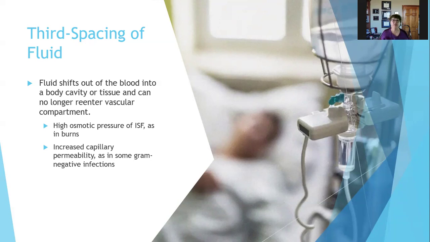If you have something with high osmotic pressure in the interstitial fluid, like in burns, and the reason you have high osmotic pressure in burns is because you get tissue damage, and so you have excess proteins in the interstitial fluid. And the damaged tissue in burns doesn't allow it to access the vascular compartment. So the fluid gets stuck out there, basically, where it's not supposed to be.